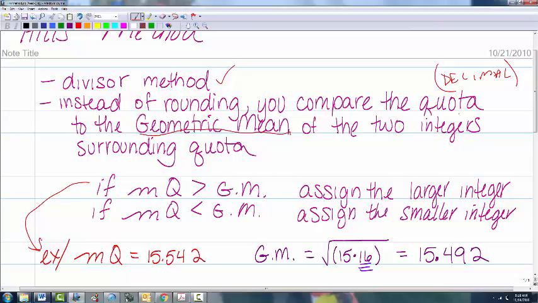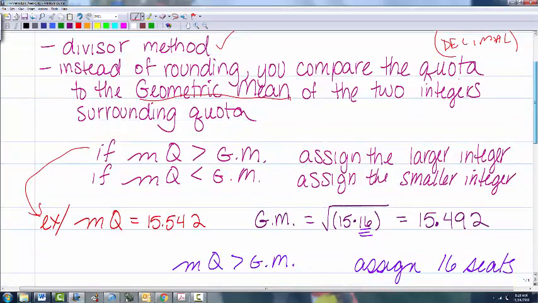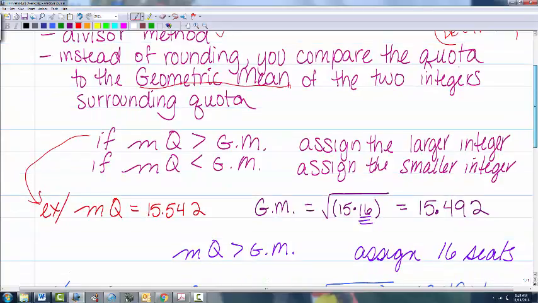So what would the state get, 15 or 16? 16. So it's a little bit more mathematical complication. And this is the method that the United States chose. So probably something mathematically to it that makes it more fair as opposed to the other methods.